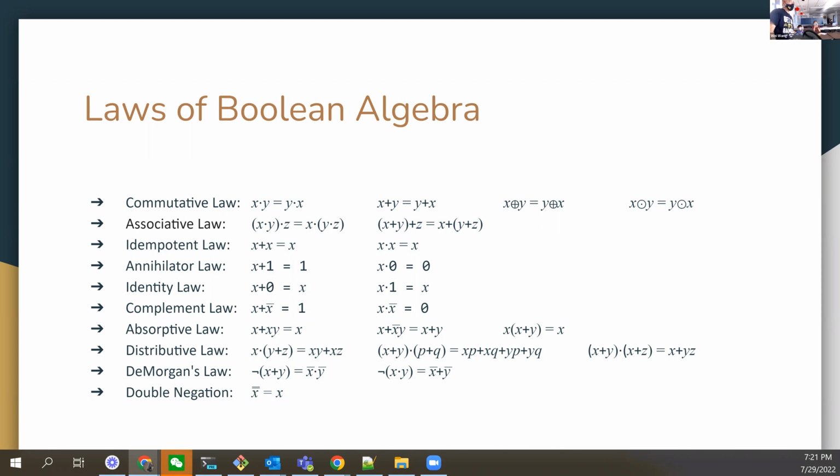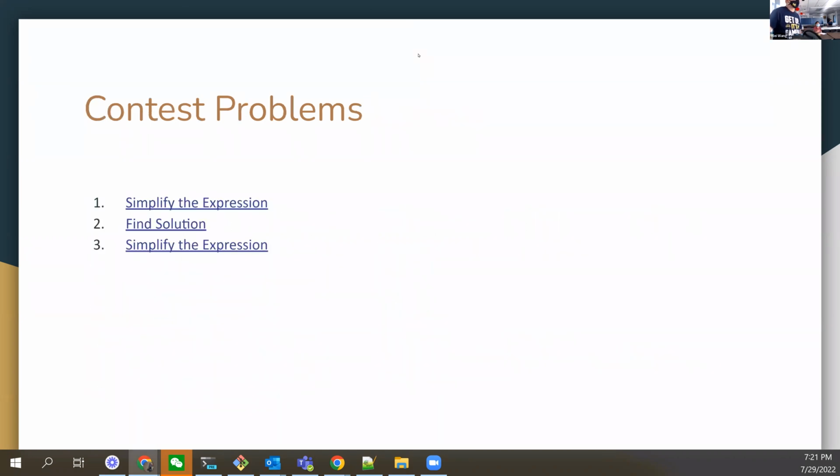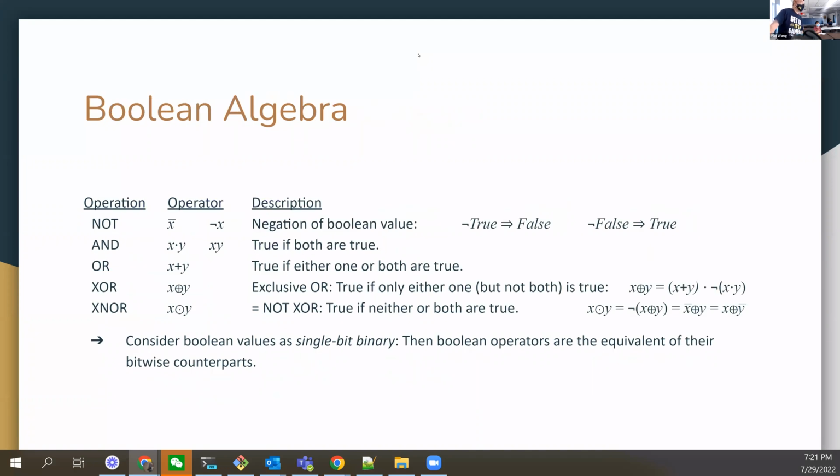So I'm going through the set of laws in Boolean algebra. I'll go back one page. Here. So these are Boolean operators, right?